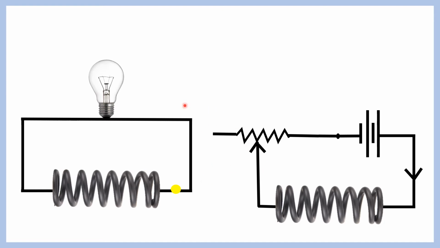If you observe all the things that we have noted till now, you can see that the current starts flowing in the coil only when there is a change in the magnetic field associated with the coil. In the first experiment, you have seen the magnet moving towards the coil.